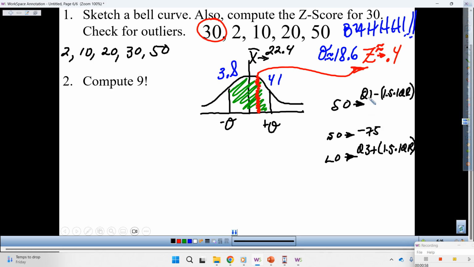Let's double check. Q1 was what? 6 minus. What was the IQR? 34. So 34 times 1.5 gives us what?